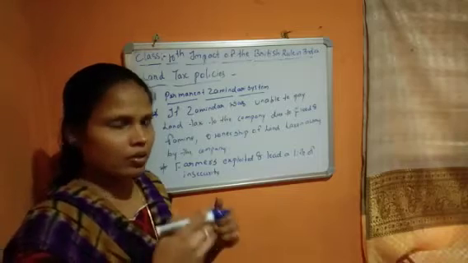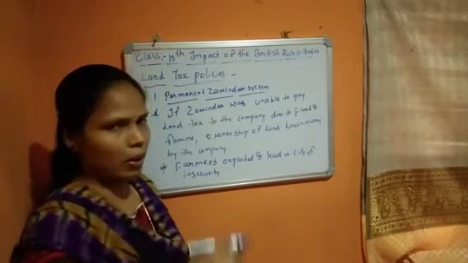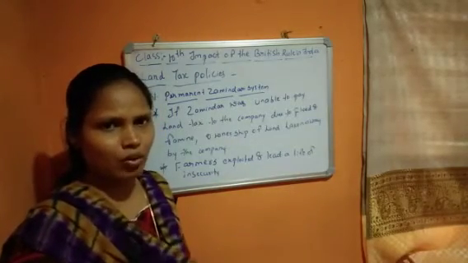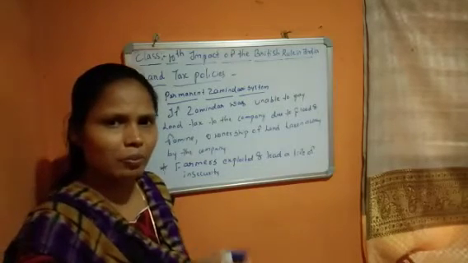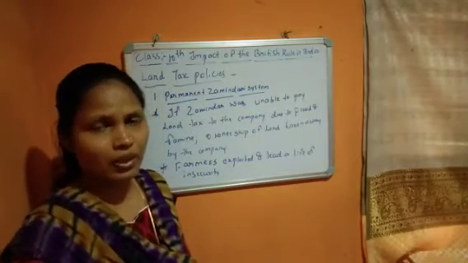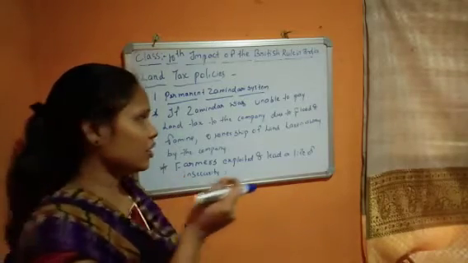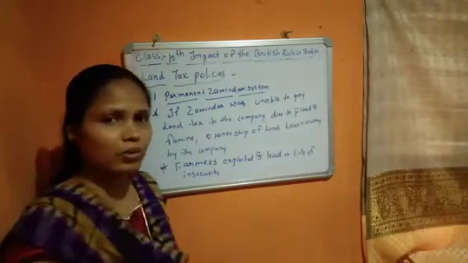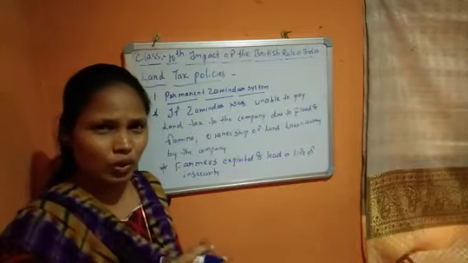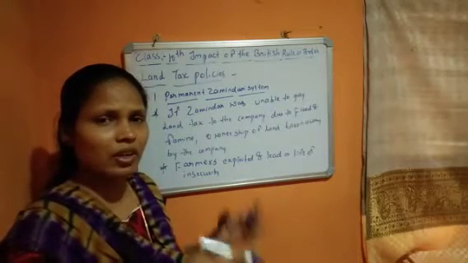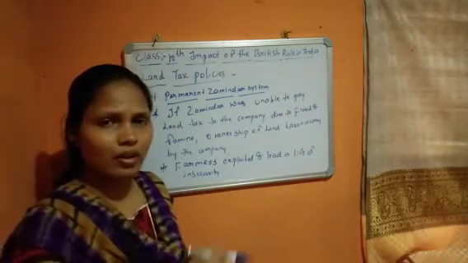If there is flood or famine, they can't grow crops and can't pay tax to the company. At this moment, the company directly captures the ownership of land from the farmers. Totally, this system benefited zamindars and the company.